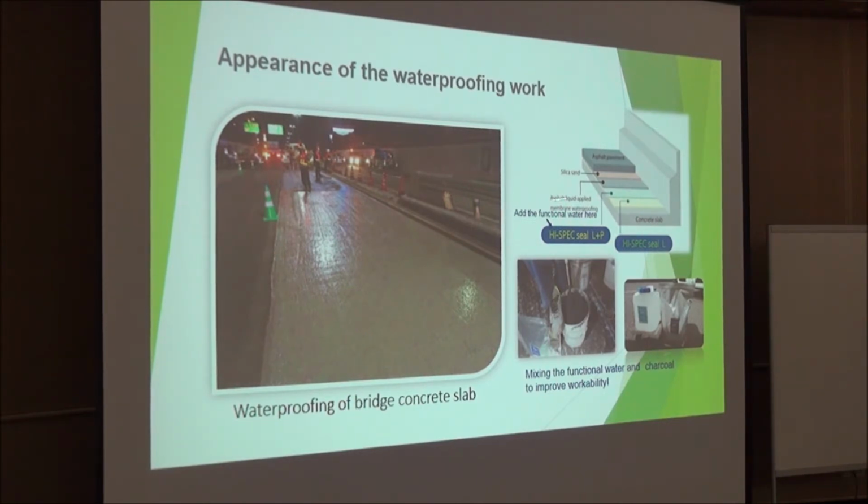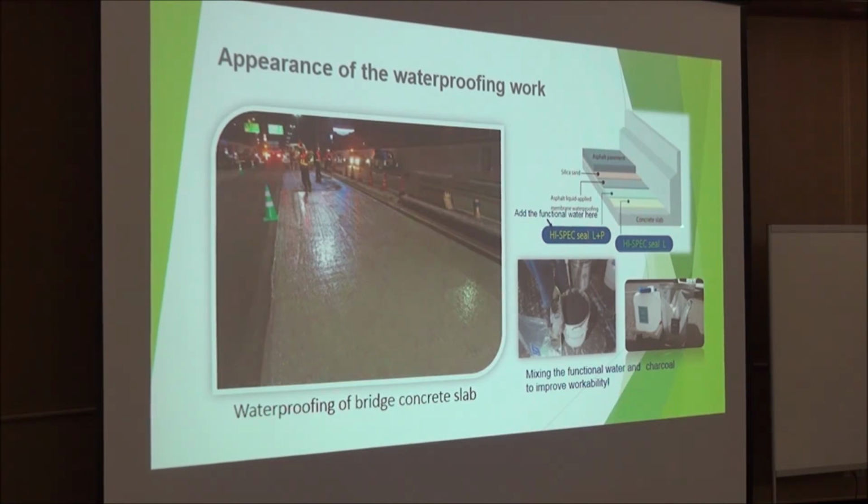Over that, the conventional way is to apply asphalt liquid and silica sand, and finally apply the asphalt. That is the ordinary way. But our company used another two layers to fortify the basement, to give a long life to the motorway.